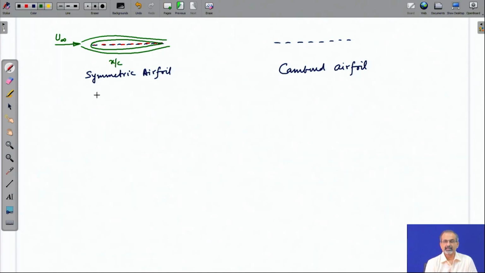What that means is that you do not have a pressure imbalance between the upper and lower surfaces of the airfoil, and this consequently would mean that this will end up producing a net 0 lift.